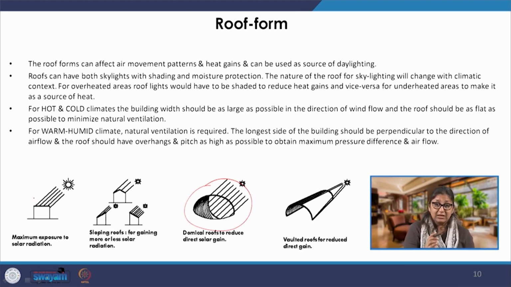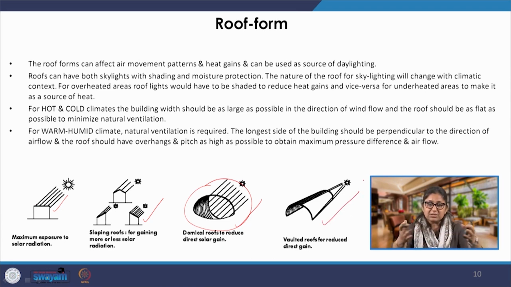You will see that in extremely cold countries where it does not rain or snow as much, we will find flat roofs. In others, we will find sloping roofs, single side sloping towards the sun's direction. In extremely hot climates, you would find domical roofs. In the Middle East, the typical roof form is domical or vaulted.